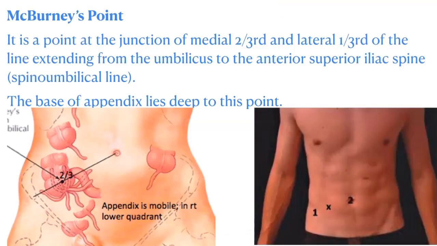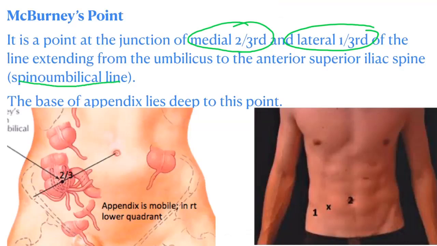Coming to another point, McBurney's point. It is a point at the junction of the medial 2/3, remember this, medial 2/3 and lateral 1/3 of the line extending from the umbilicus to the anterior superior iliac spine, the spino-umbilical line. The base of the appendix lies deep to this point.